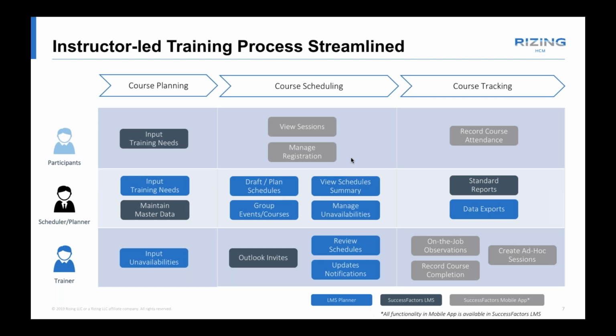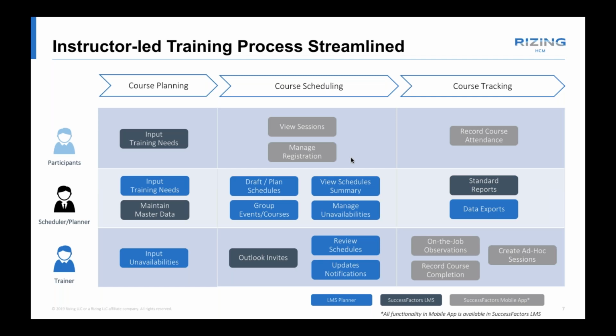Then when we come down into the course scheduling for the participant, now we can use some of the features that are available on the mobile app. So these are some newer enhancements within the past couple of months, where we can actually manage our registration into scheduled offerings or those instructor-led training sessions. You view that through the course catalog in the mobile app and things like that.